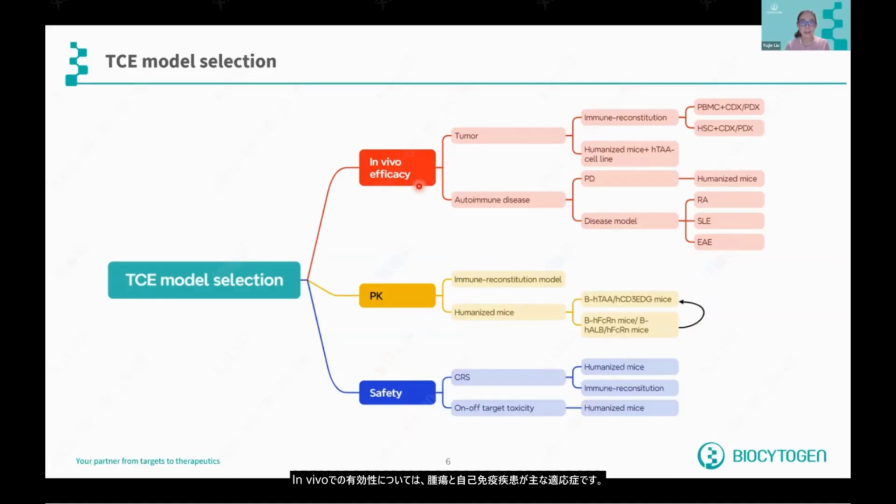For the in vivo efficacy, the two main indications are tumor and autoimmune disease. For the tumor part, we can use immune reconstitution models, including PBMC and HSC reconstitution models, combined with CDX or PDX models. We can also use humanized mice plus TAA humanized cell lines for the tumor efficacy evaluation.